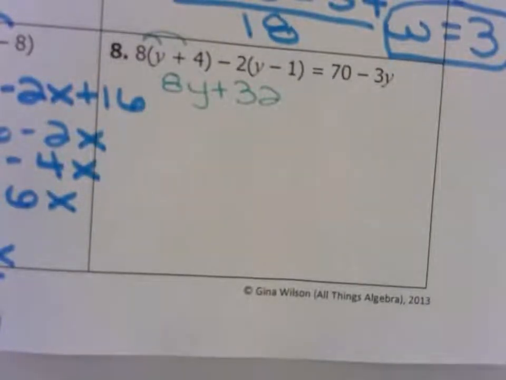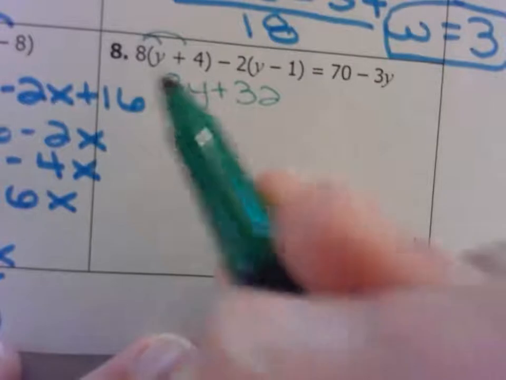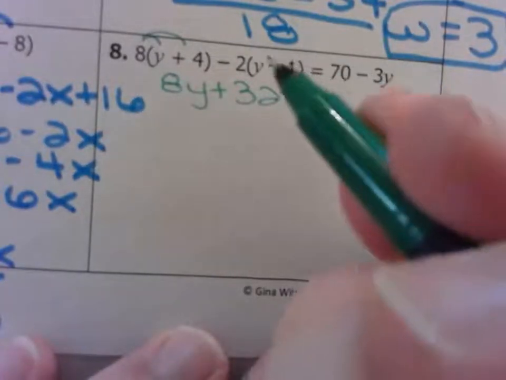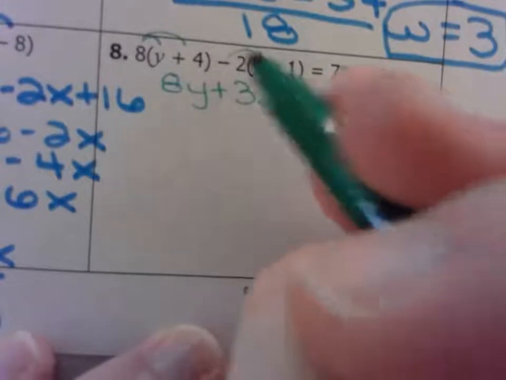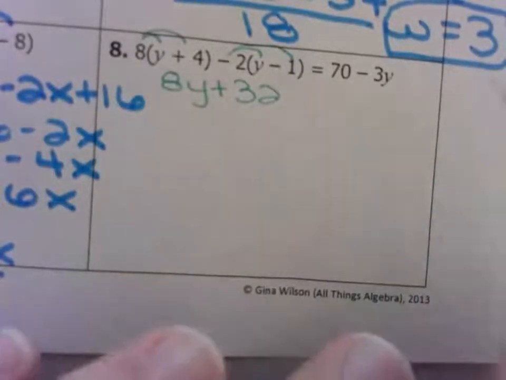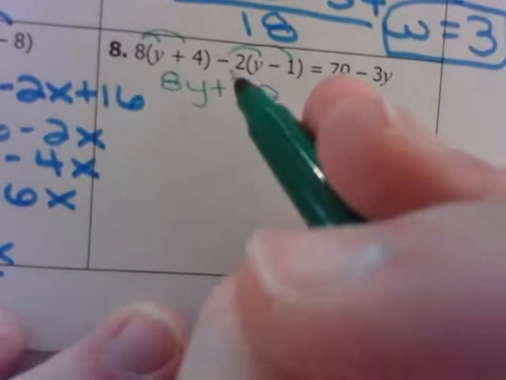Next thing I need to do is what, Isaac? I distributed the 8. What else do I need to distribute? The negative 2. So I'm going to distribute the negative 2. If I distribute the negative 2, what do I get, Will?